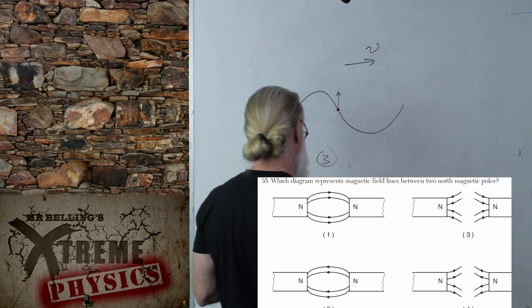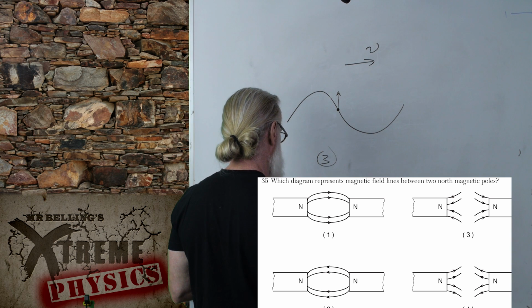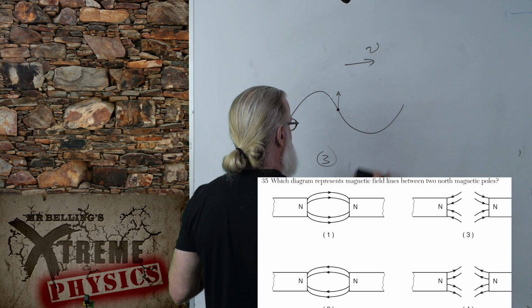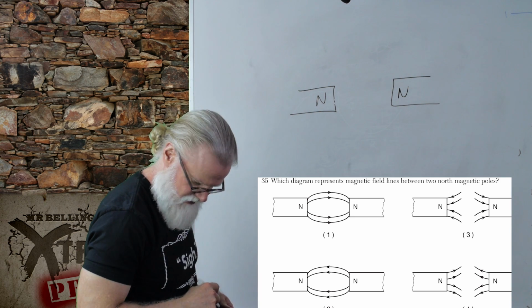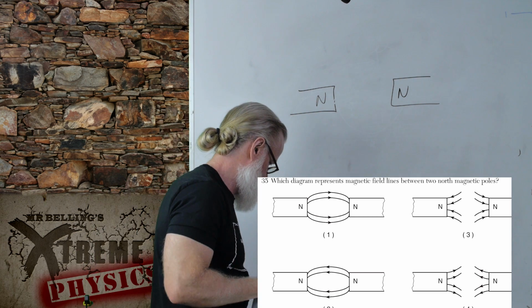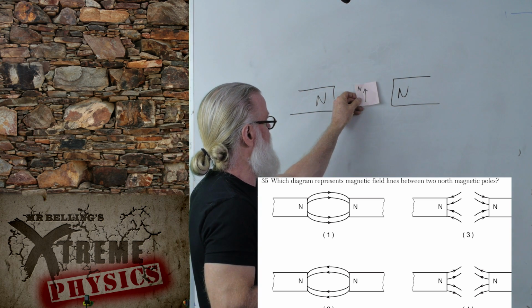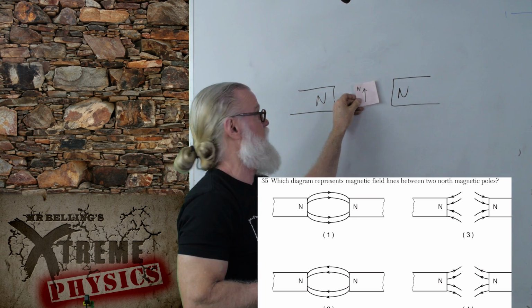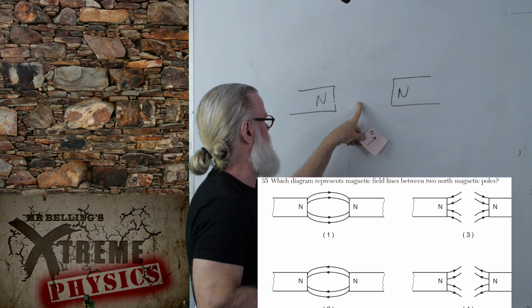Which diagram represents the magnetic field lines between two north poles of a magnet? All right, if I want to understand the magnetic field lines, I'm going to grab my compass. Here's my compass needle. If I put my compass needle here, it's going to be really confused. It's like, oh, which way do I point? The field is very small in here, so there shouldn't really be any field lines.